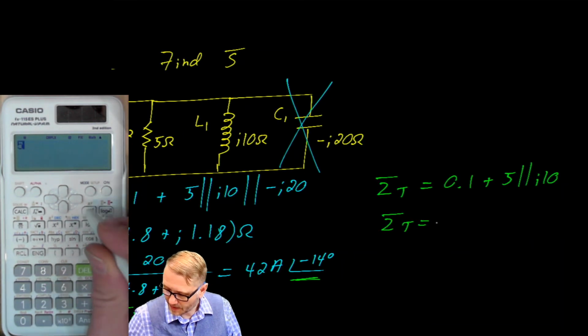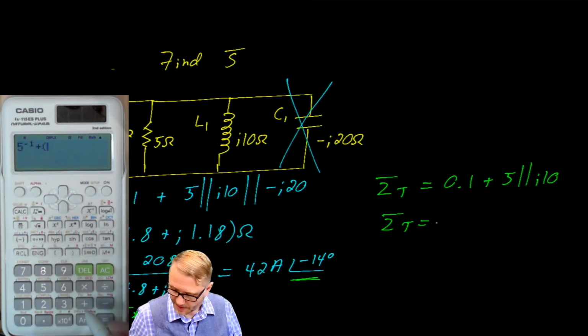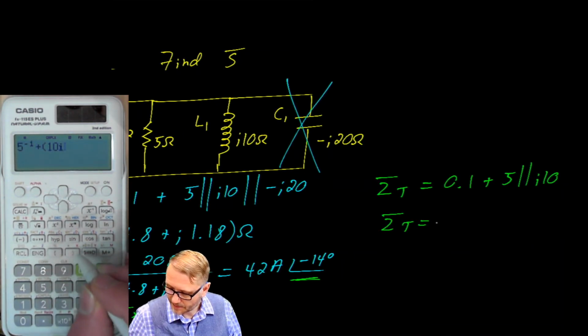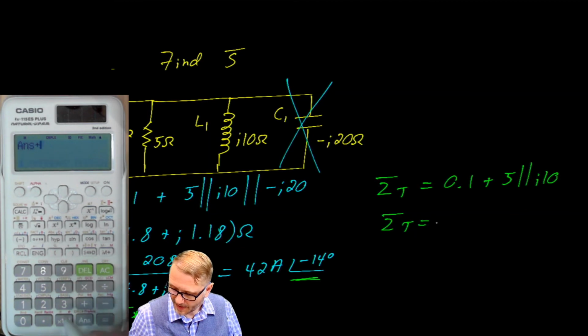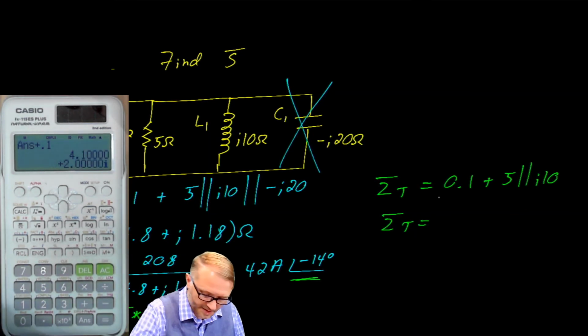So that's 5 inverse plus (10j) inverse, inverse, and then we're going to add 0.1 to that. So the answer is 4.1 plus j2.